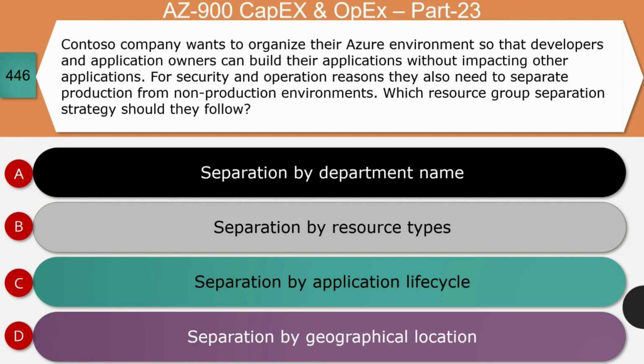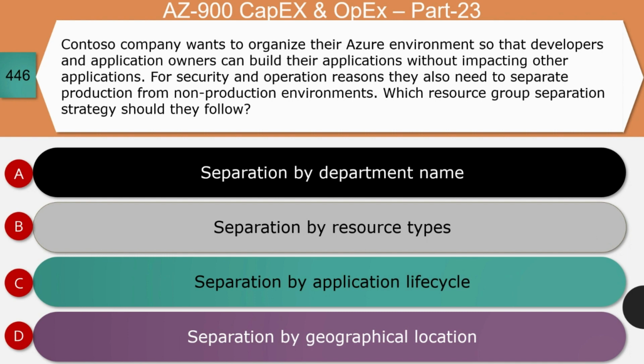Next question: Contoso company wants to organize their Azure environment so that developers and application owners can build their application without impacting other applications. For security and operational reasons, they also need to separate production from non-production environments. Which resource group separation strategy should they follow?